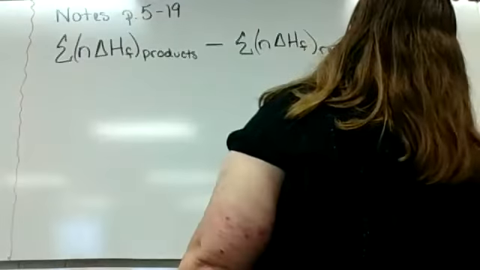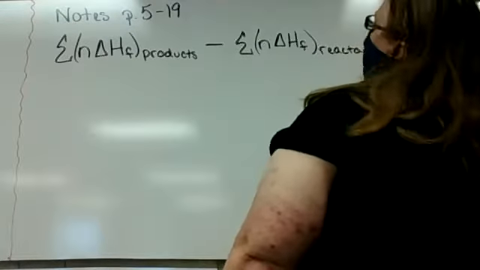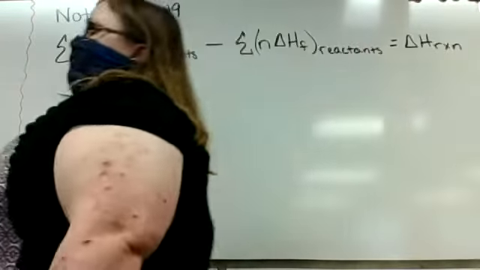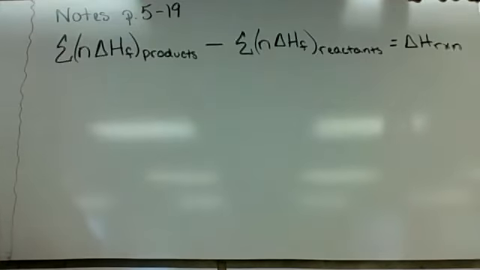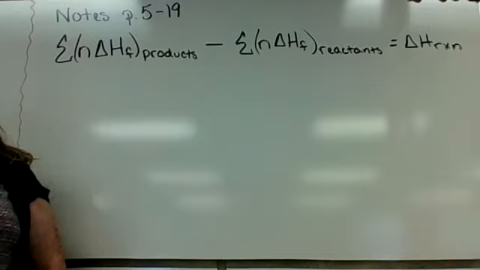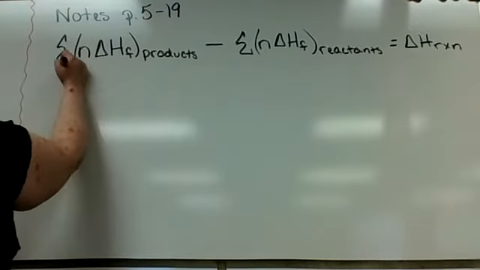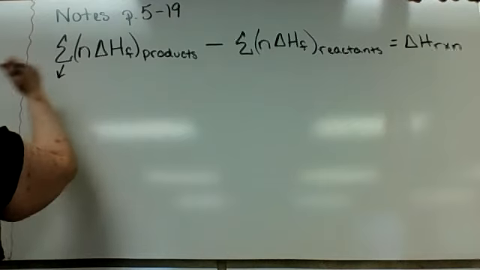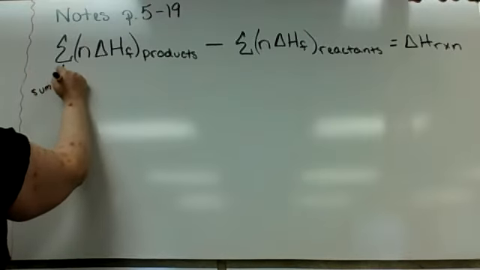So if we are talking about the enthalpy of a reaction, finding the enthalpy of a reaction given the enthalpies of formation, what you're going to do is sigma. We are used to that in physics. That means sum of.